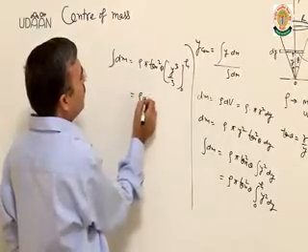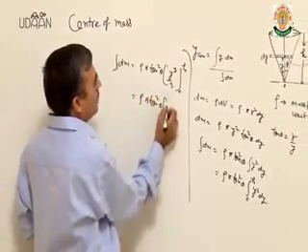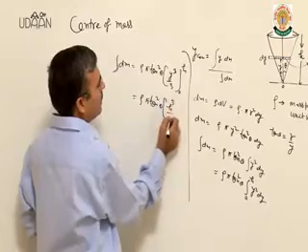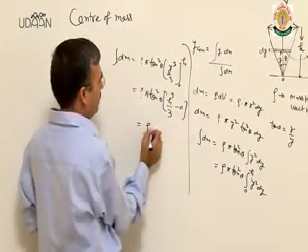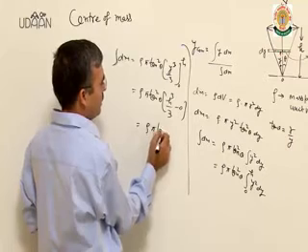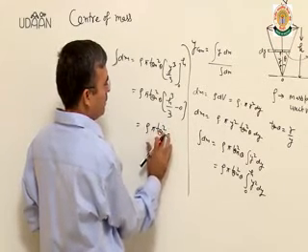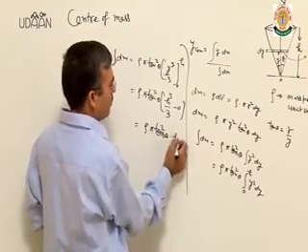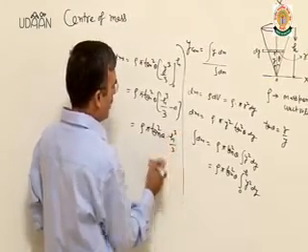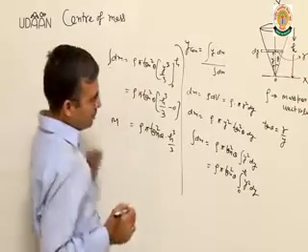This will be equal to rho into pi into tan square theta, upper limit minus lower limit. This will be equal to rho into pi into tan square theta into h cube by 3. It is total mass of the cone.